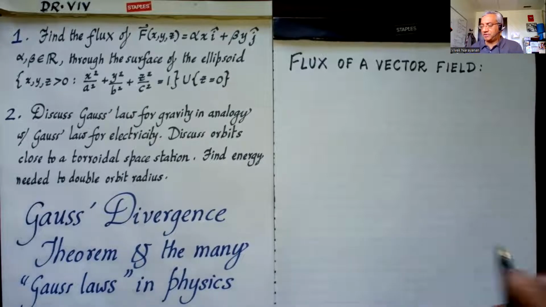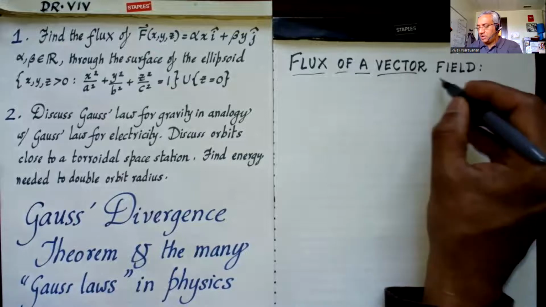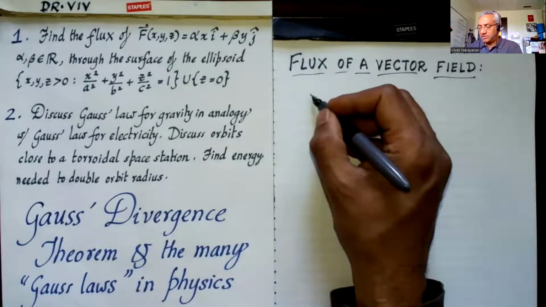So the flux of a vector field is a mathematical quantity and can be defined as follows.